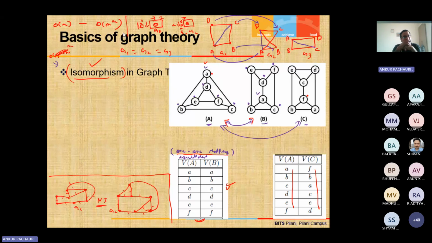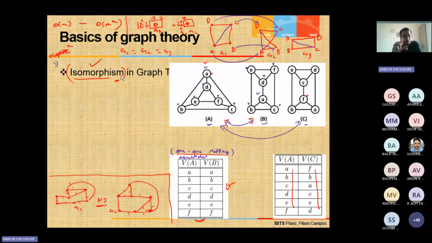But yes can only be confirmed if we are able to come up with the mapping in between, or we'll have to check for each and every possibility. And there is no specific deterministic way of doing it. So that will be a problem for us.